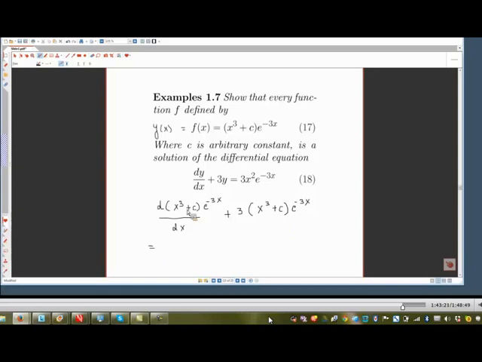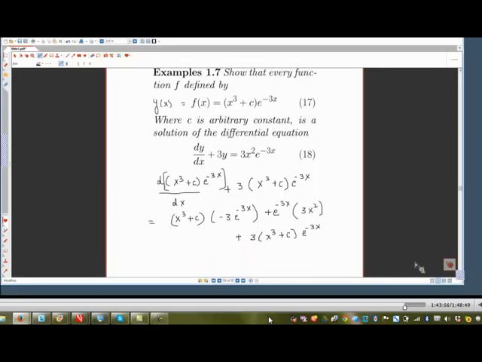Now this differentiation we can do by product rule: x cubed plus c, and the derivative of this is negative 3 e to the power negative 3x, plus e to the power negative 3x times 3x square. Now we will add the last term which we have, 3 times x cubed plus c e to the power minus 3x.